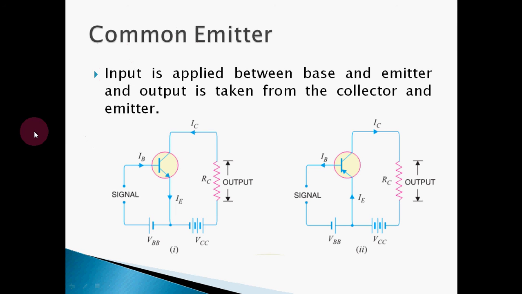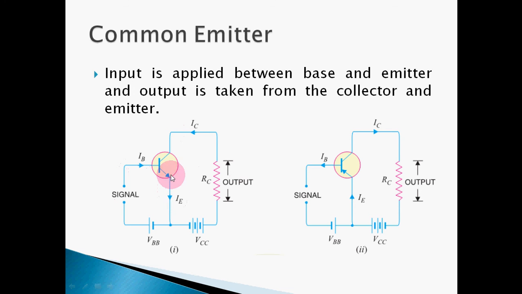You can see from the circuit diagram that this is the transistor, this is the base, emitter and collector. It's a PNP transistor. Similarly, this is an NPN transistor, where this is the base, this the collector, and this the emitter. So the input signal is given between the base and emitter junction, and the output is taken from the collector to emitter junction.